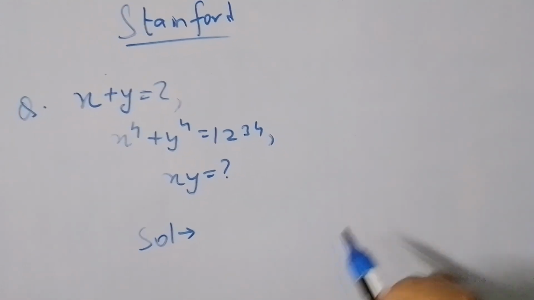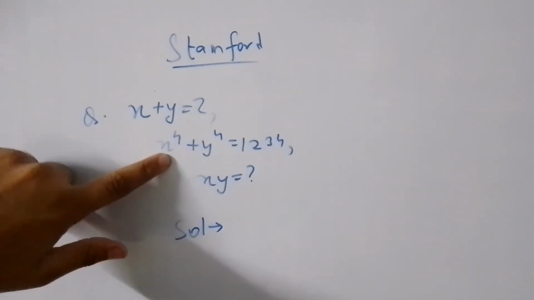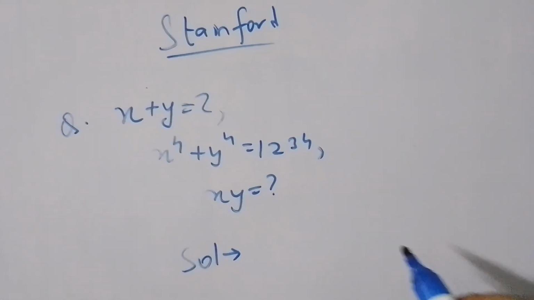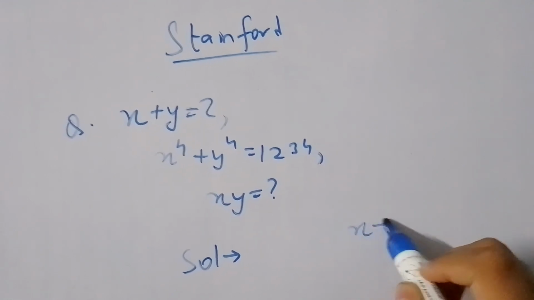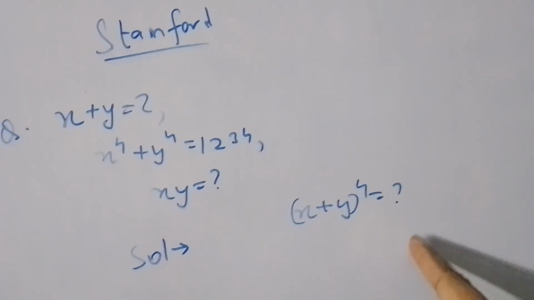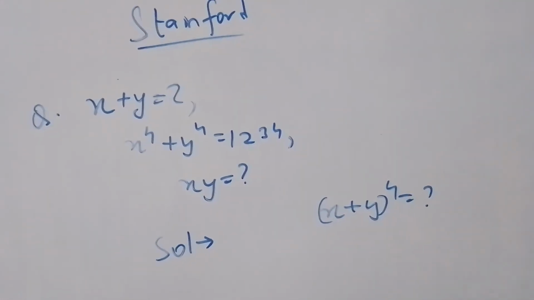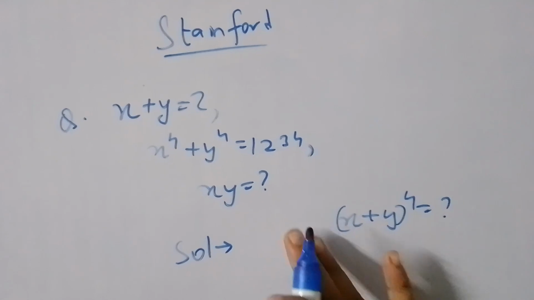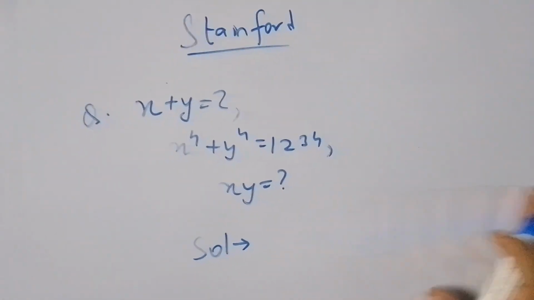So basically this x to the power 4 plus y to the power 4. If it was x to the power 2 plus y to the power 2, it would have been much easier, right? We do not know the formula for this, but we could find it by Pascal's triangle from the binomial chapter.